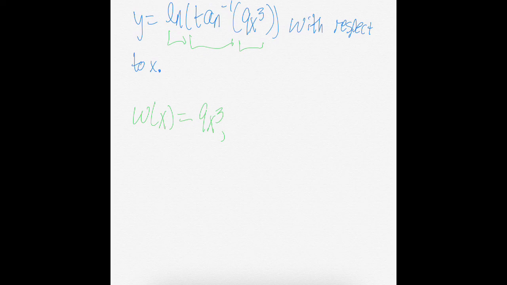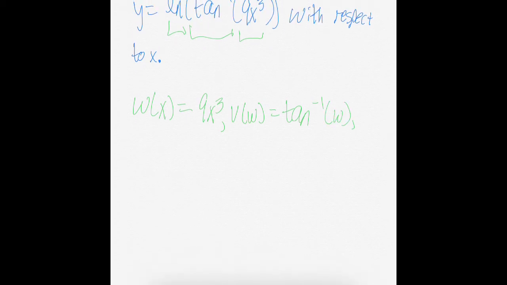I'm going to start by letting w of x be 9x cubed. Then I'm going to call the next one v of w, and that's going to be my arctangent. And then I'm going to pick up my natural log, and let's call that one u of v, and that is ln of v.